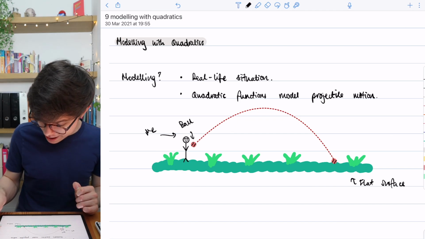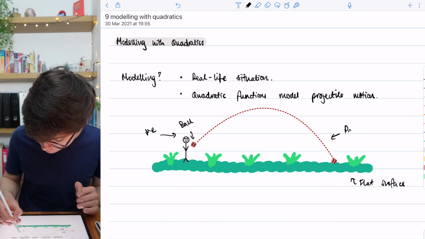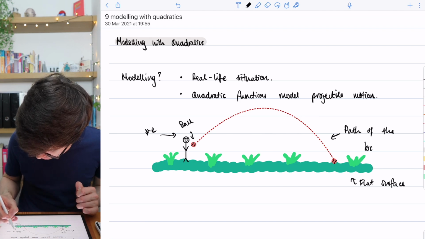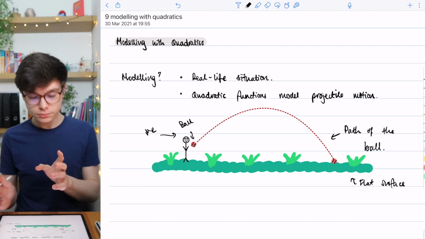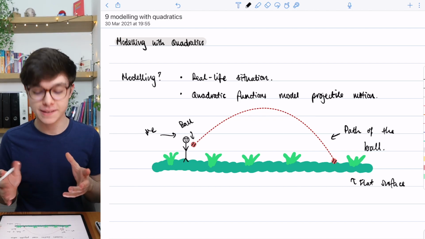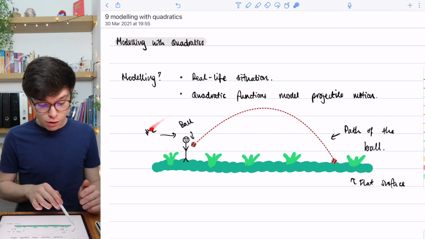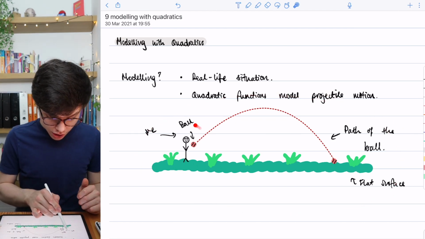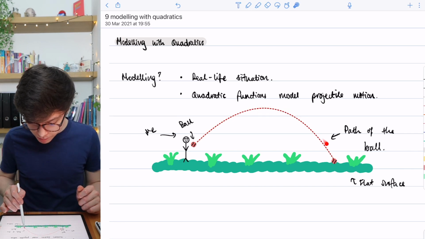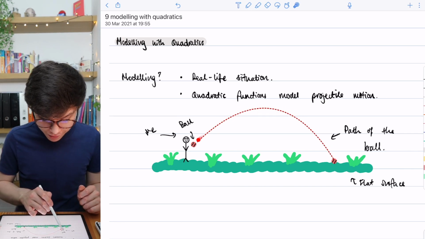That is the path of the ball. And this is us modelling with quadratics, okay? We've taken a real life situation. Here's me throwing a ball, and we've got this path.